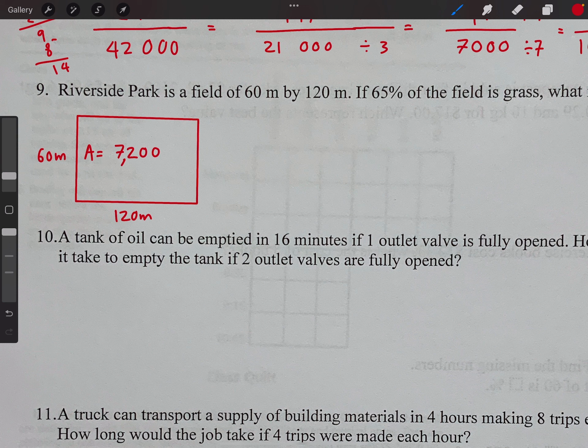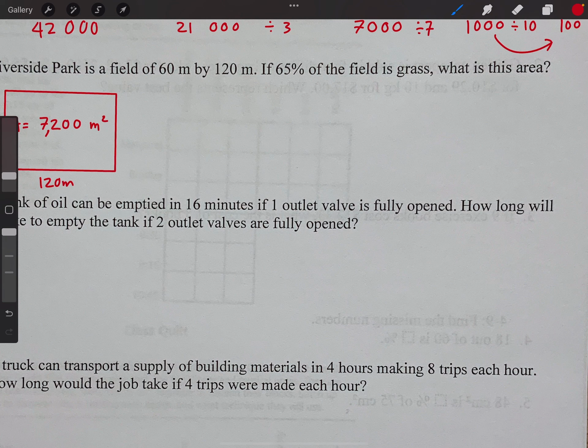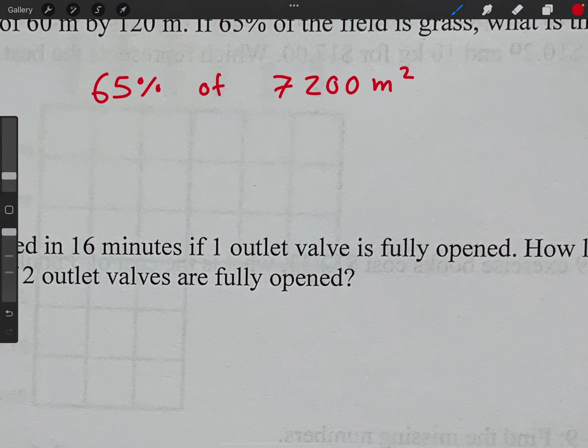Now only 65% of the field is grass. What is this area? So we need to find 65% of our total area, which is 7,200 meters squared. Right. Now, when we have percentage, we need to convert it to either fraction or decimal. So let's do a fraction. 65 over 100.